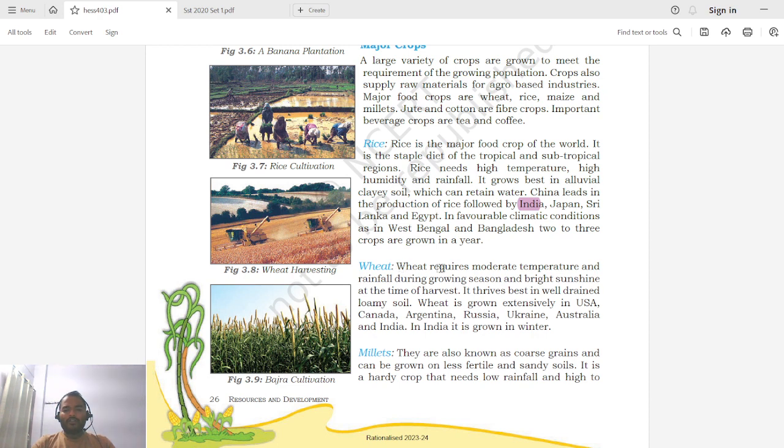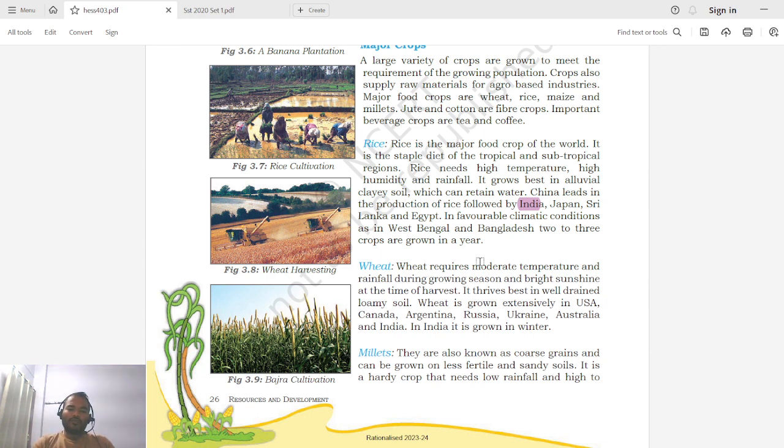Wheat requires moderate temperature and rainfall during the growing season and bright sunshine at the time of harvesting. So wheat grows in a moderate temperature range.